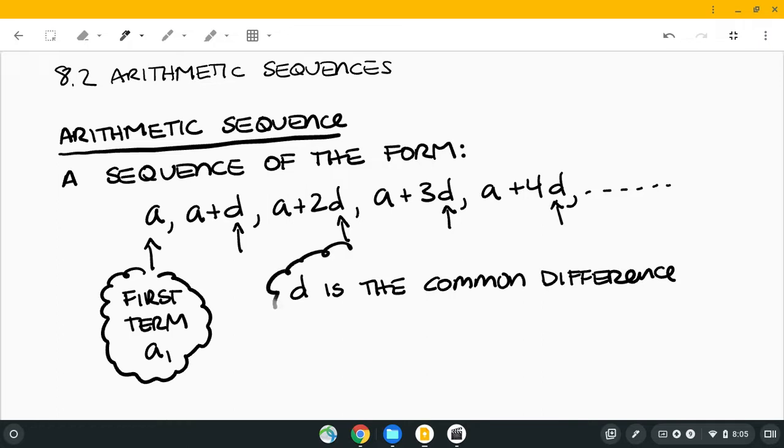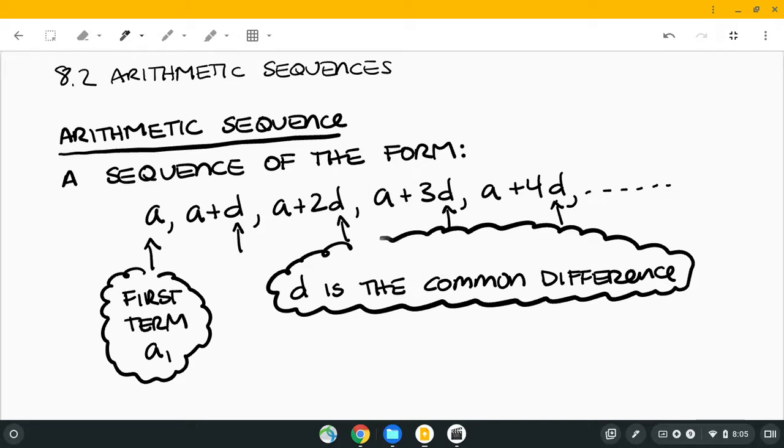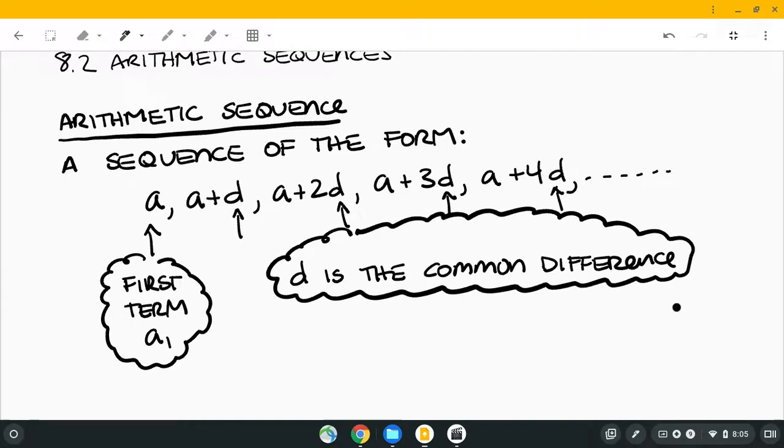Because if you notice, the difference between these two terms is D. The difference between these two terms will be D. The difference between these two will be D. The difference between any two terms will be D.